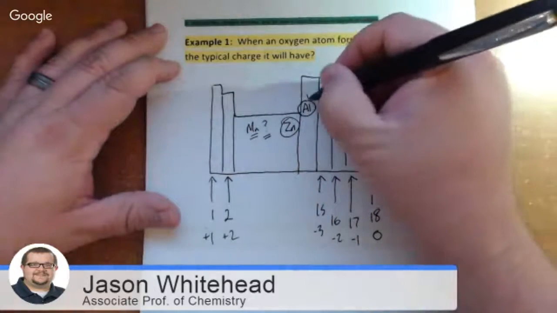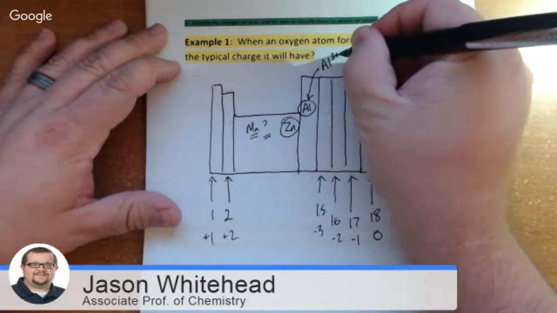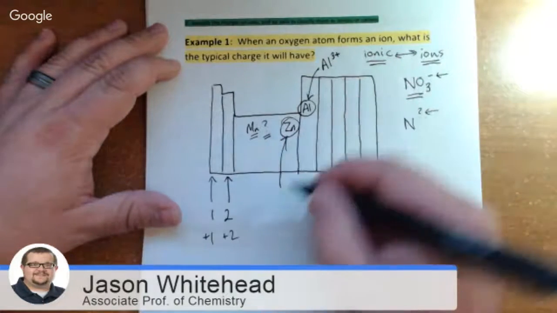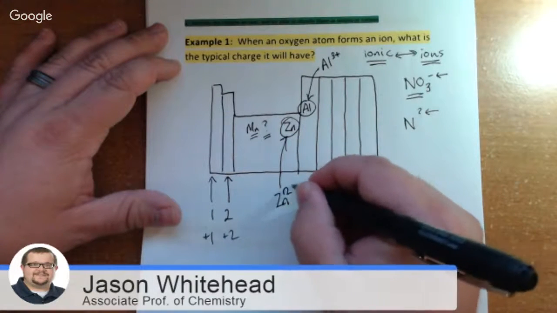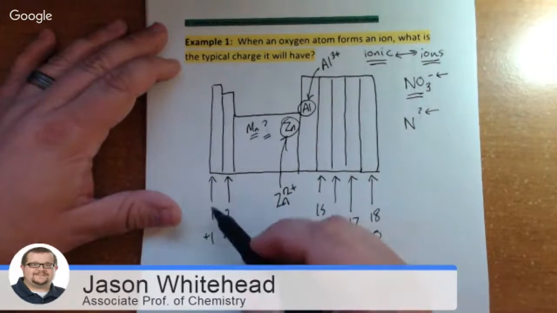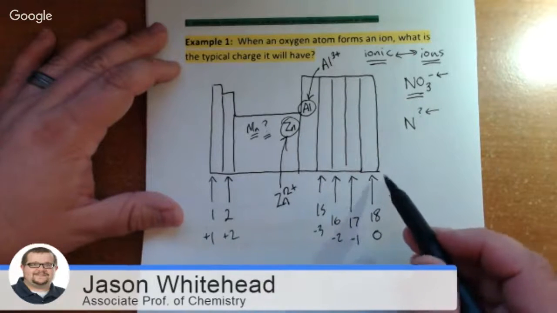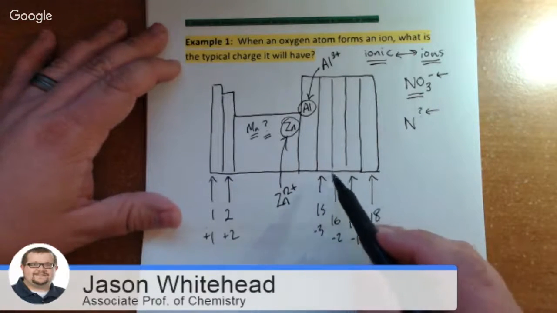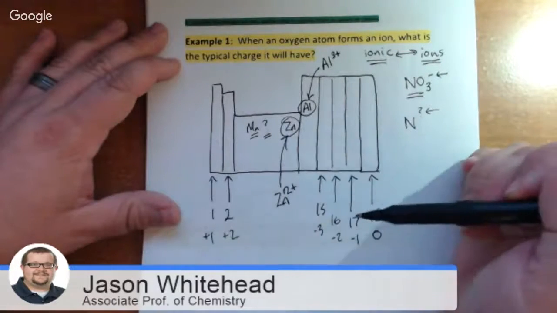Just because they're commonly come across, aluminum, when it forms an ion, is 3+, and zinc, when it forms an ion, is going to be 2+. So recapping, +1 and +2 for groups 1 and 2. Going from the right side of the table, it goes from 0 and starts going more negative, -1, -2, -3. Aluminum is +3, and zinc is +2.